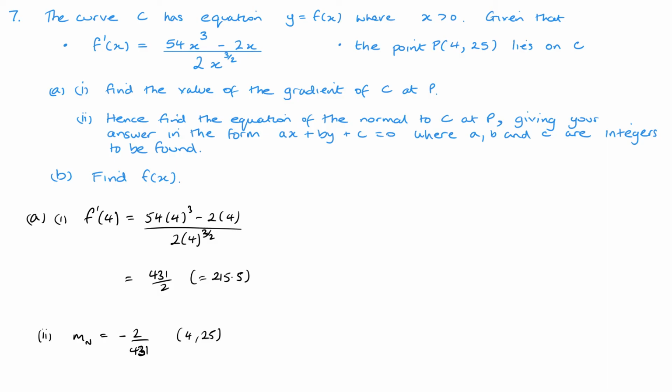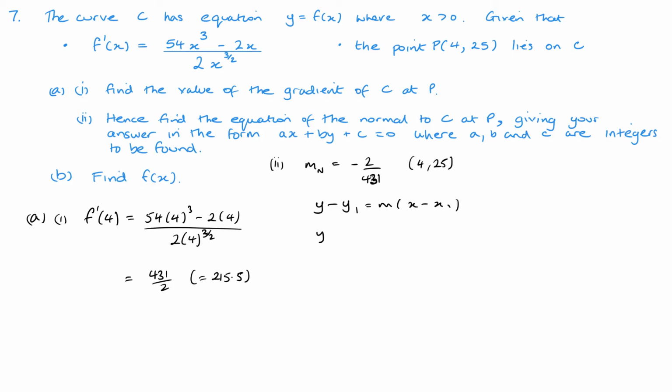We've got to find it in the form ax plus by plus c. Sorry, just moving that there to make it easier for me. So y minus y1 equals m times x minus x1. So y minus 25 equals minus 2 over 431 times x minus 4.